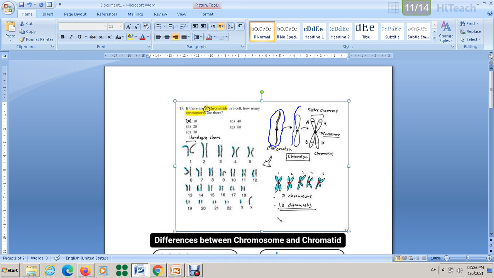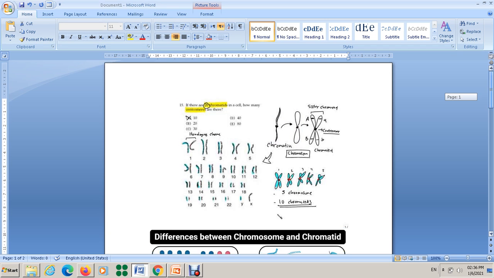Forget about the part in the middle, I'll tell you about it later. Now the protein with DNA alone is chromatin. The X-like structure, when the DNA starts to copy, is a chromosome now, and the two parts of the chromosome are called sister chromatids.